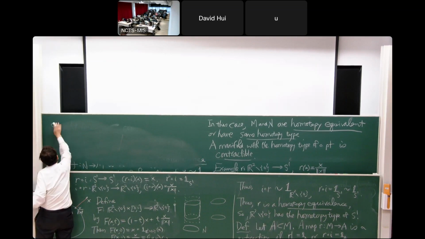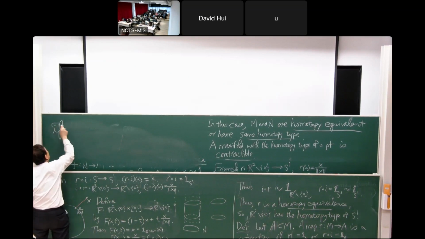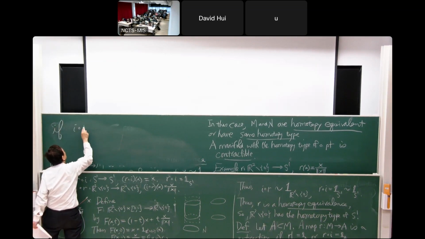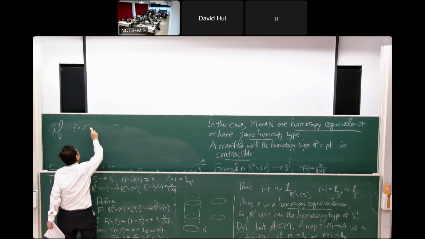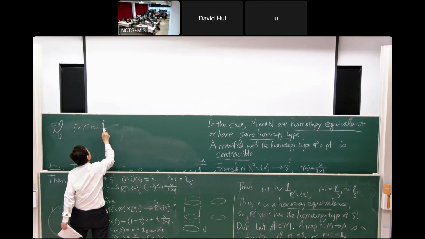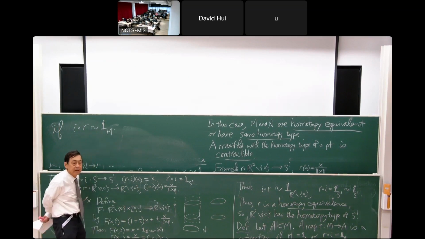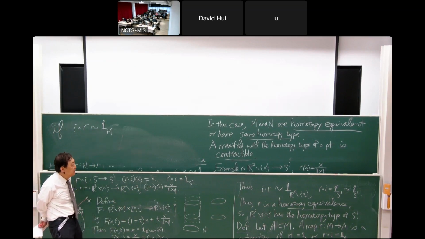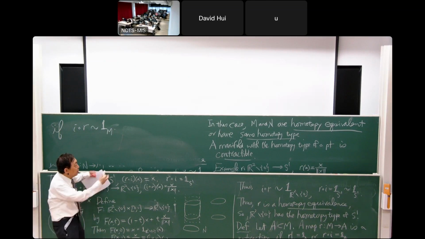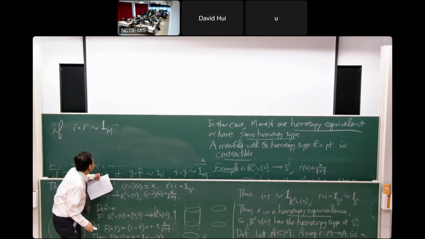So if I composed with R is homotopic to the identity on M, we have the same conclusion as before.